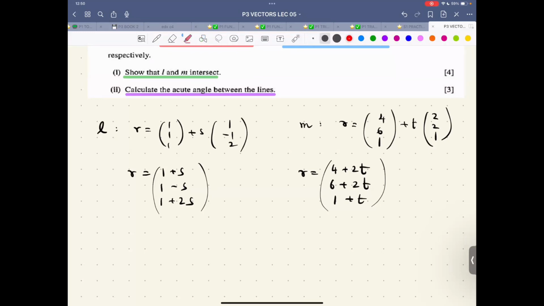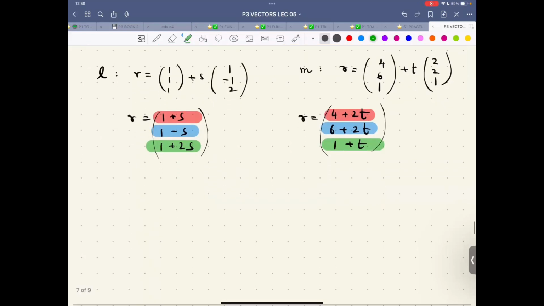Over here, the red one, this equals this. You can solve any two equations and check in the third one. So if I solve 1 plus s equals 4 plus 2t, therefore s is 4 minus 1, is 3, 3 plus 2t. That is the red one over here.